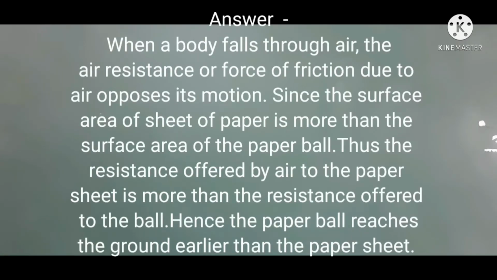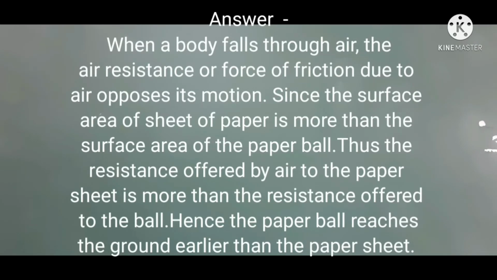Answer. When a body falls through air, the air resistance or force of friction due to air opposes its motion.